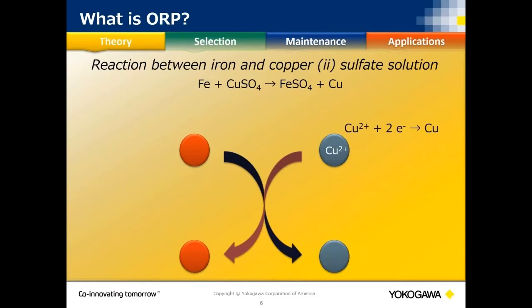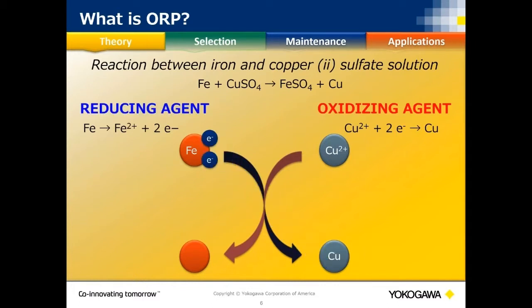So let's take a look at a real-life example. Let's look at iron and copper sulfide, okay? The first reaction that takes place is actually caused by what we call the oxidizing agent. It happens on the copper. It gains 2 electrons from iron, and copper itself is reduced.